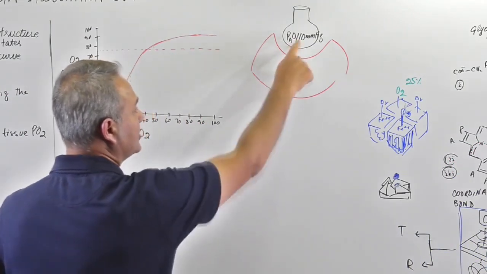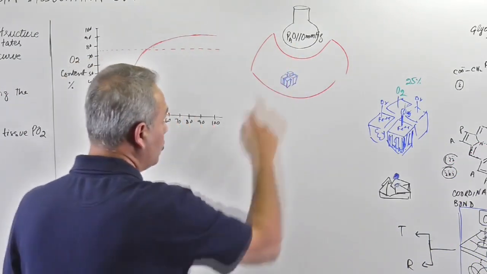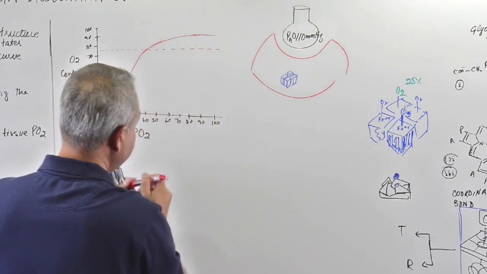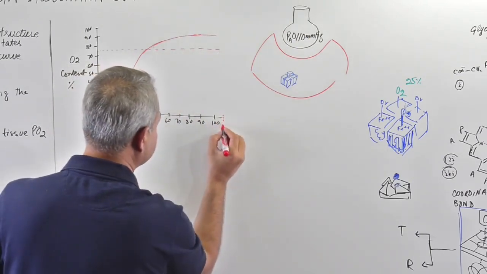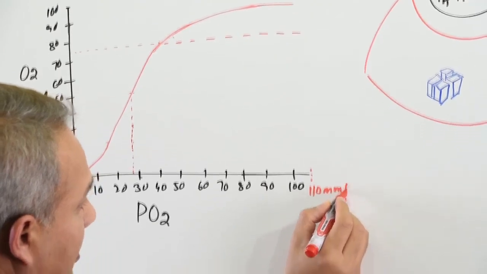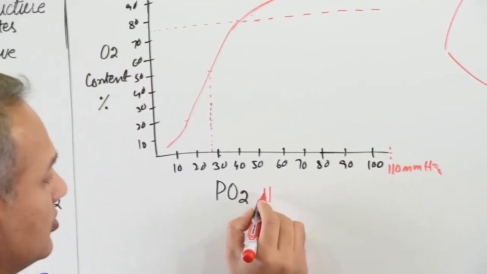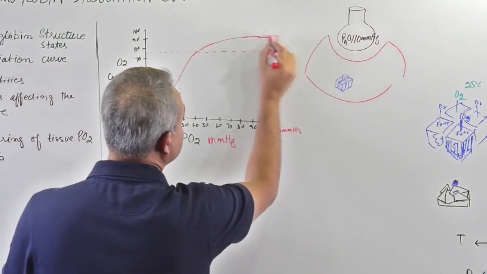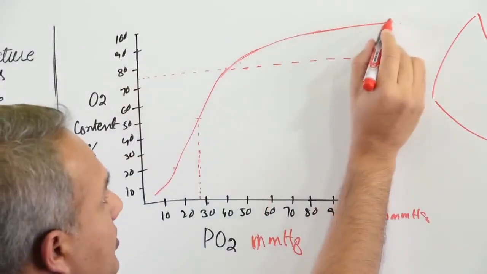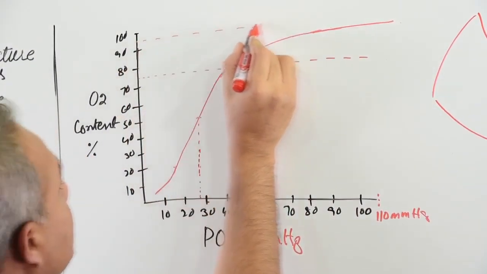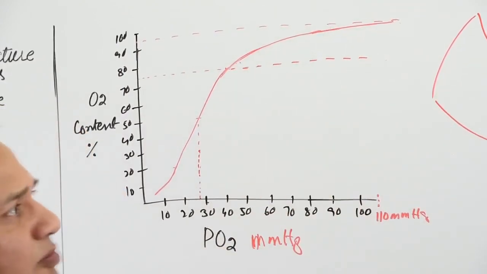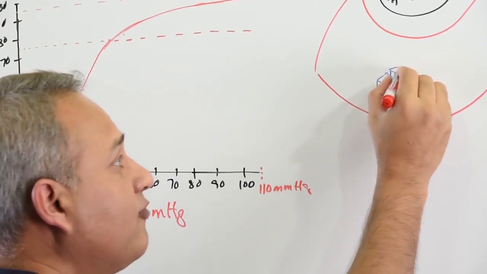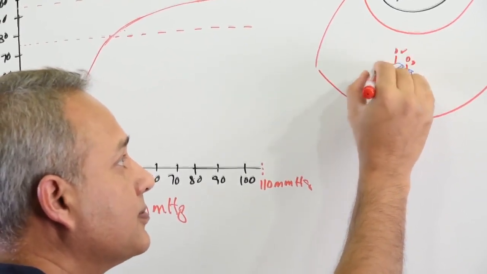What is the pressure here in this area? 110 millimeter of mercury. Under this pressure, it is about 97% saturated. What does that mean? That means most of the hemoglobin molecules are fully loaded with oxygen.